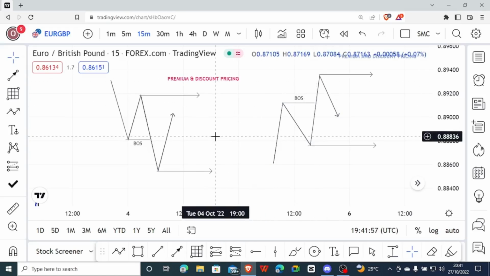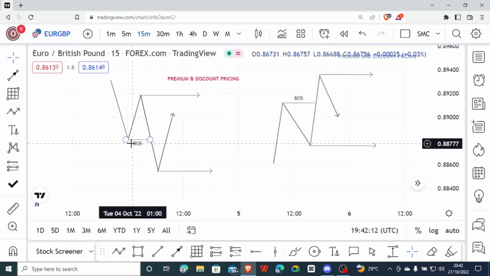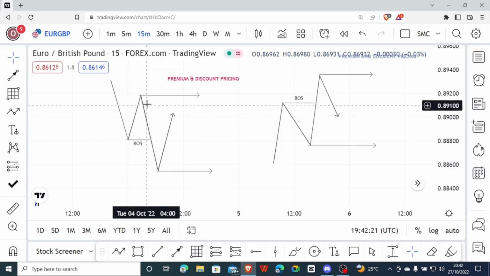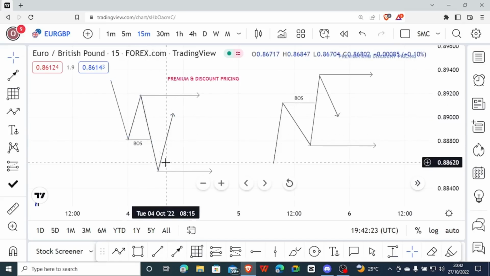All right, now when you have identified your 1, 2, 3 pattern, for you to be able to identify your premium and discount zone, you need first of all to mark out your trading range. Very important. And your trading range can only come after a major break of structure. For instance, as you see, this structure here was violated. Immediately after the violation of that major structure, you will be able to identify your high and your low.